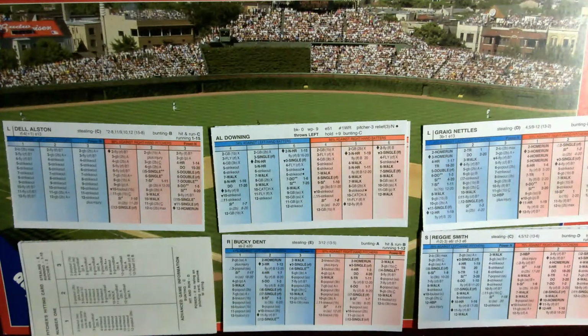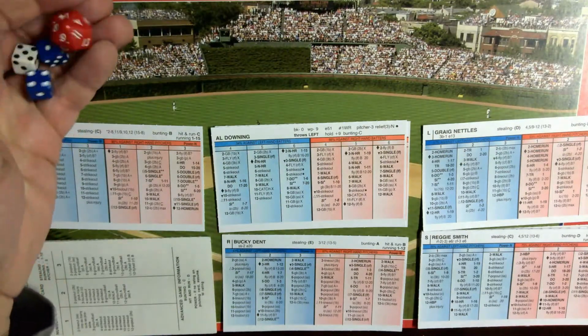Don't really want to send him. He's not going to get a good lead without a roll of a 4 or 5, plus there's an out opportunity 9 through 12. So we're going to let Dent swing away, hoping that he can stay out of the double play. The Dodgers are playing back, so they're looking to turn that double play if they can.